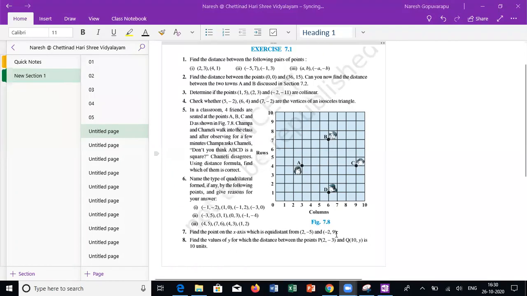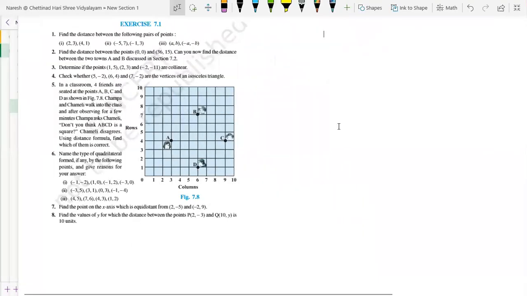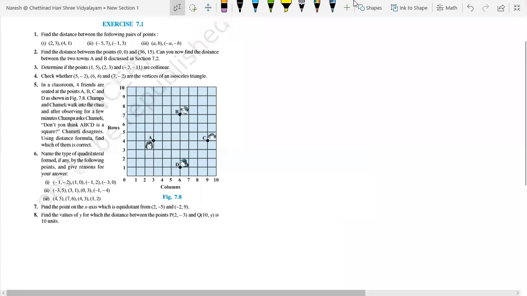In the last class we discussed the distance formula. Please start doing the first question. Able to hear everyone? Guys? Yeah, start doing the first question. What is the distance formula? Root of x2 minus x1 whole square plus y2 minus y1 whole square.